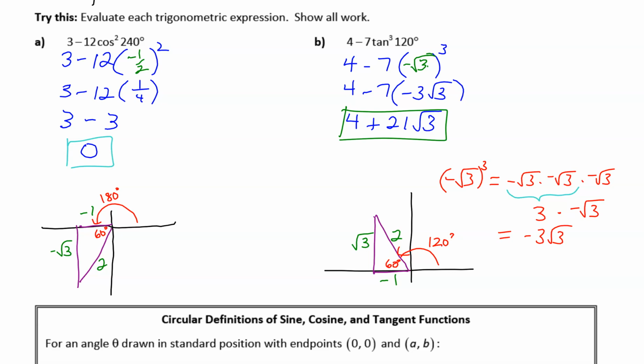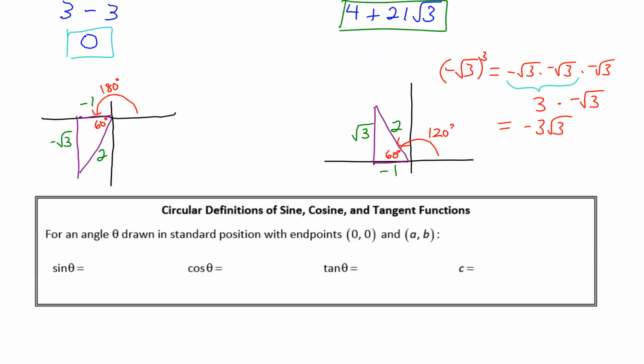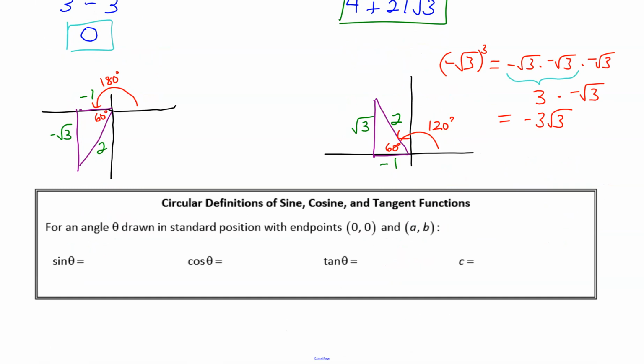All right, just a quick review of the circular definitions of sine, cosine, and tangent. Remember that a, or the x-coordinate, will always be the adjacent side, and b, or the y-coordinate, will always be the value of the opposite side. So the opposite side will always be vertical like a y-coordinate.